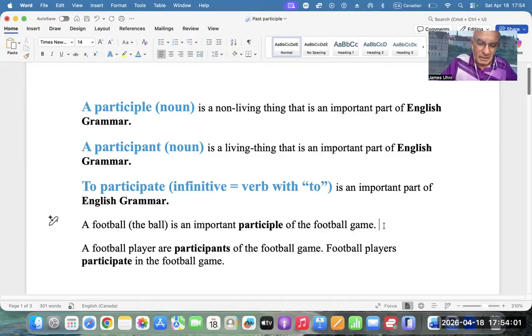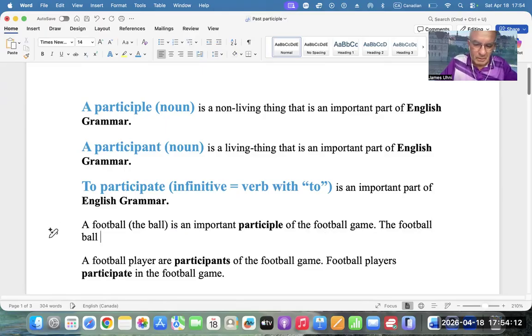That means I can write the football ball is an important thing to play football game.